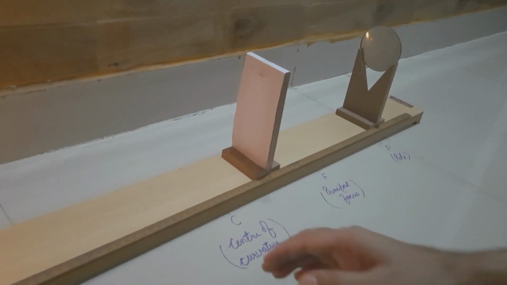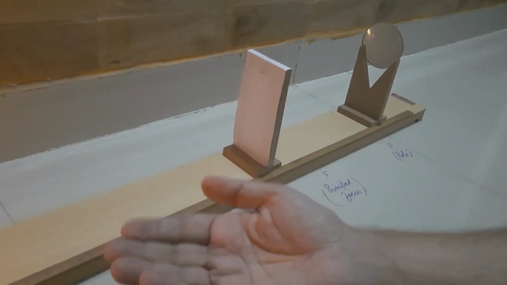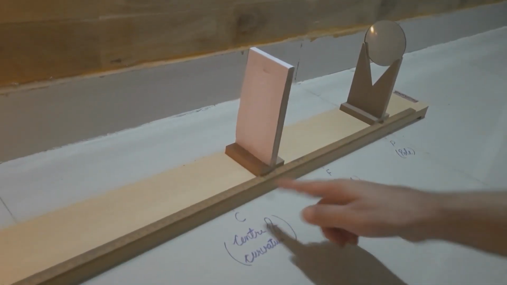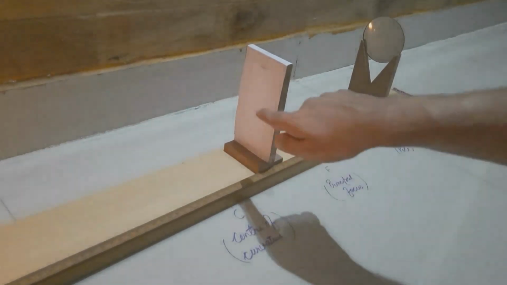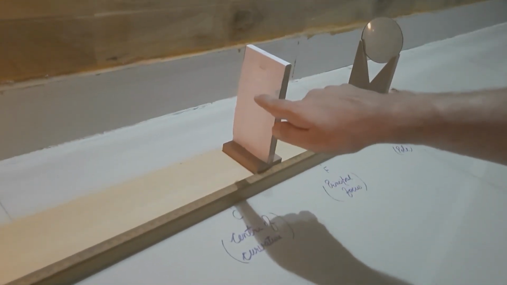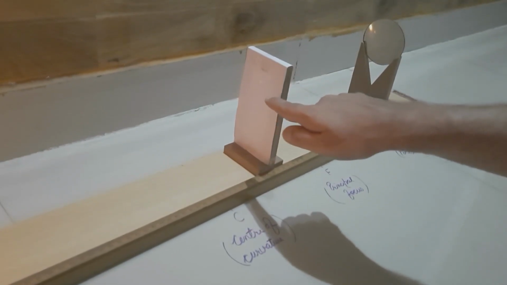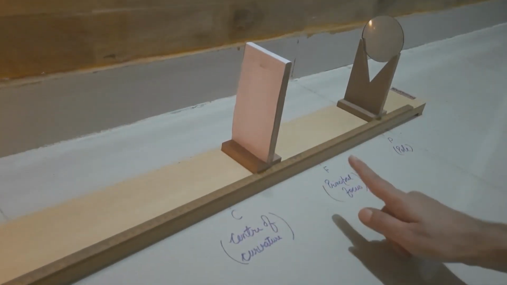Again, the image is real, inverted and small sized. The image is formed between C and F for this case. You will be able to see a real and inverted image, and that image is diminished. And the second case is clear.